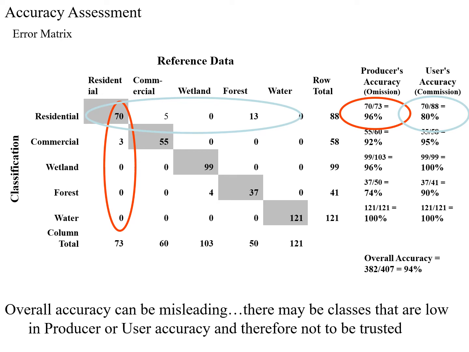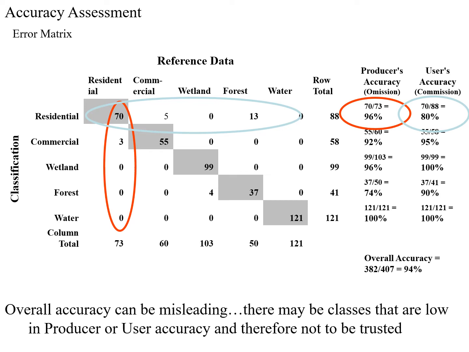So now I've sort of got everything lined up here for you. The contingency matrix itself, a column selected from it, and a row selected from it. And one thing that's very important is you can't just look at the overall accuracy.